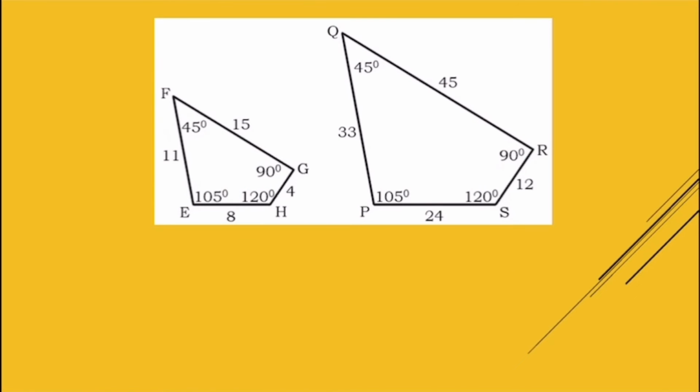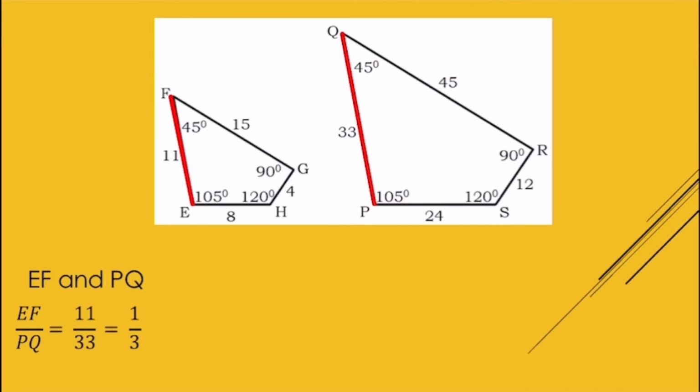So for our first corresponding sides, let's get line segment EF and line segment PQ. To find the ratio of corresponding sides, we will have EF over PQ, and let's substitute the values we have: 11 over 33, and the lowest term is 1/3.